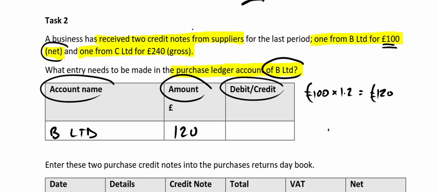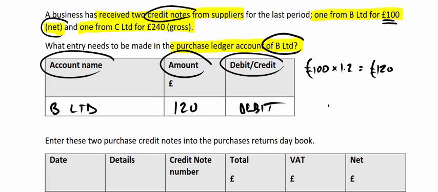But remember, these are credit notes from suppliers. Credit notes are reducing what you owe them. A credit note is perhaps if I've made returns to a supplier, in which case I don't owe them the money. So the credit notes will reduce the liability. And if a liability is a credit entry, to reduce the liability will require a debit entry to B Limited's purchase ledger account of 120, the gross value of the credit note.